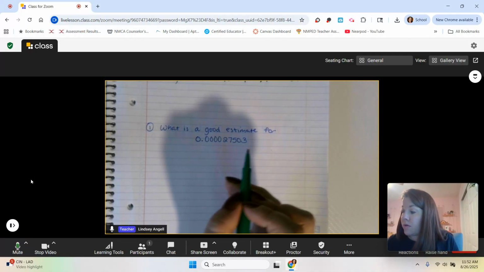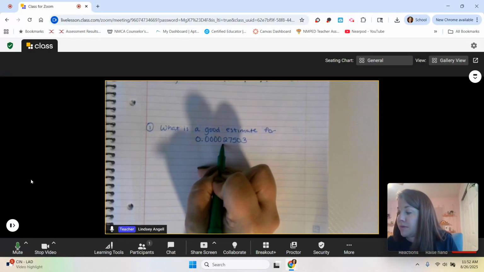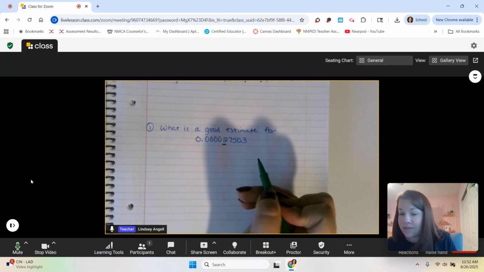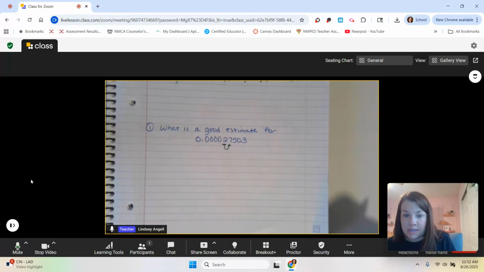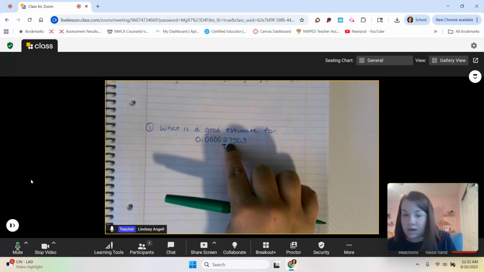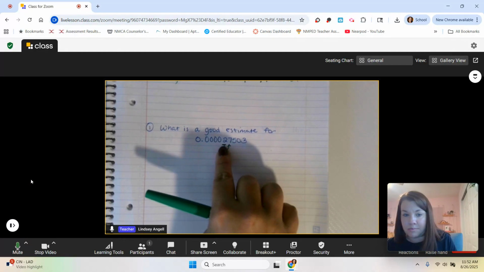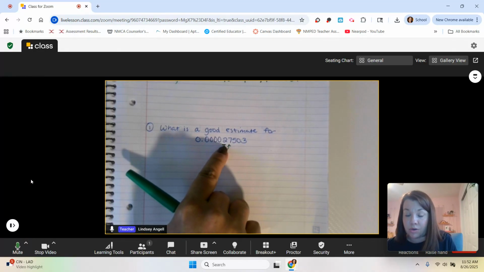So for a good estimate, I'm going to look at that first place value, the highest place value, and I'm going to look to the right of it. Since this second number here is 5 or higher, that means the number that I'm estimating to gets bumped up 1.